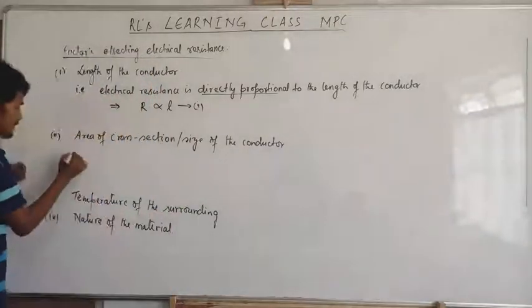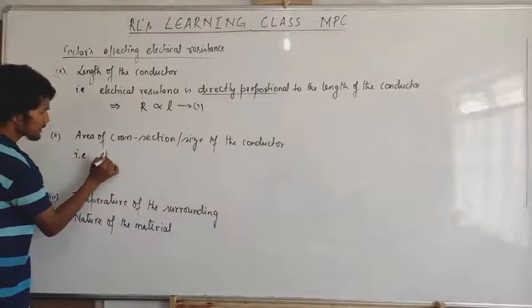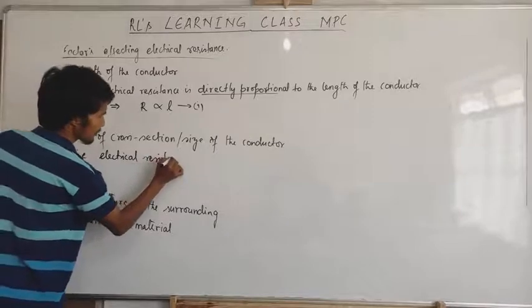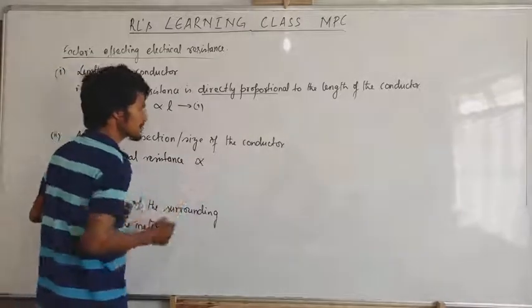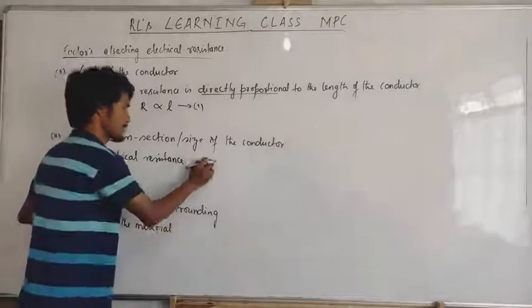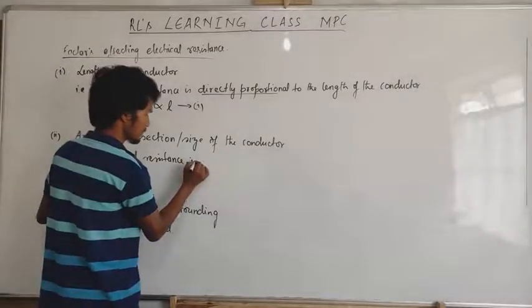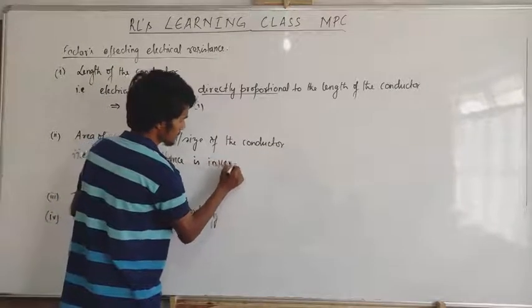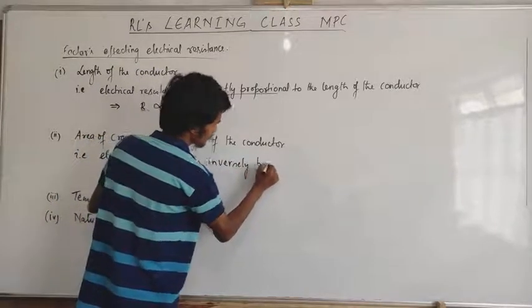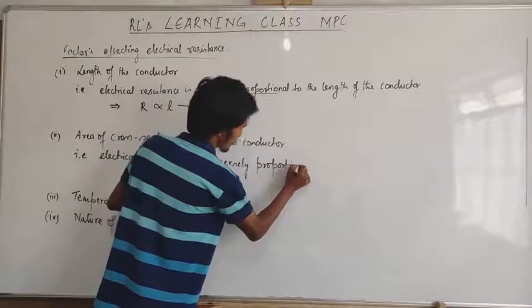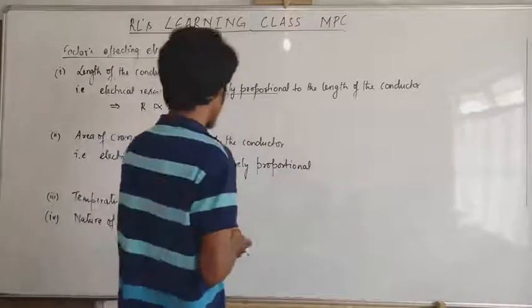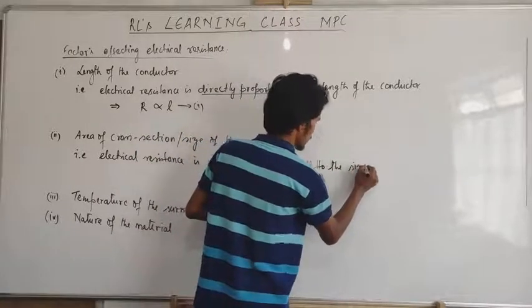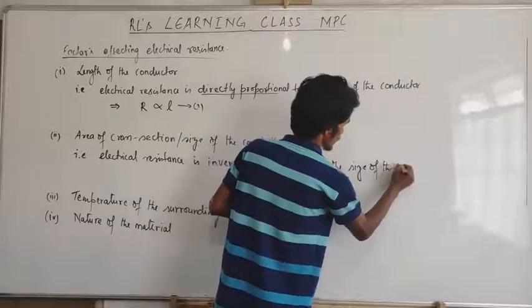The first meaning of this is that electrical resistance is inversely proportional to the size of the conductor.